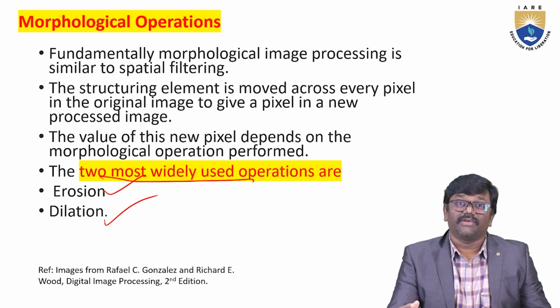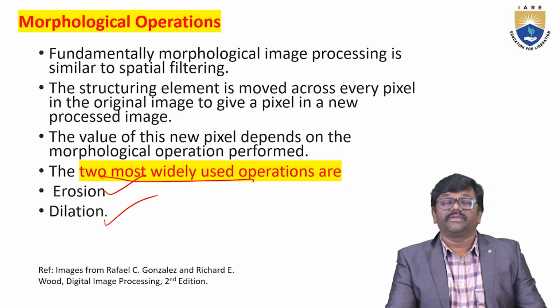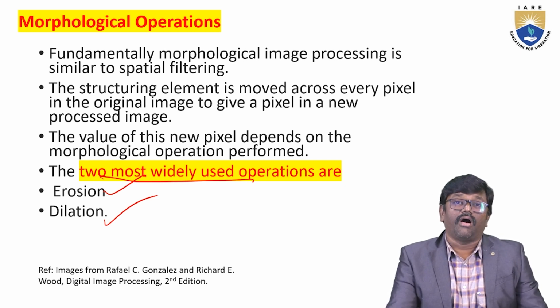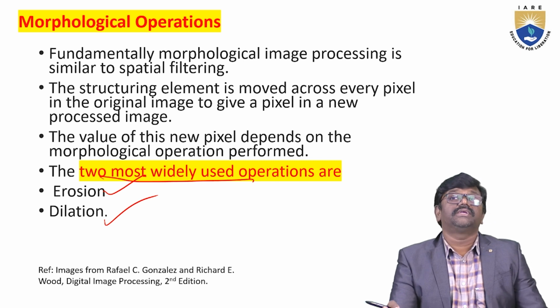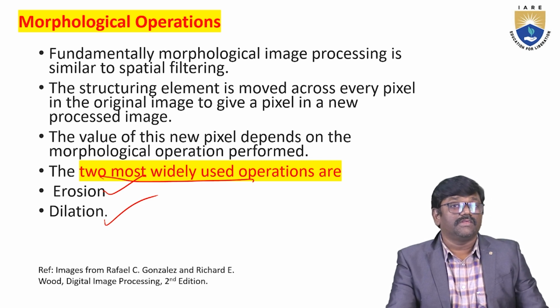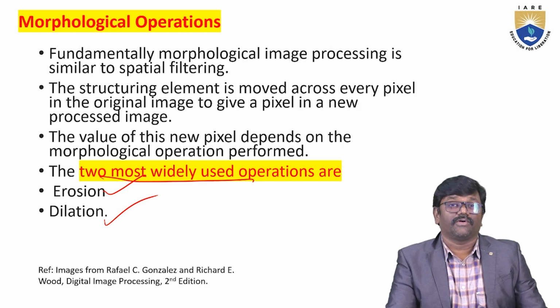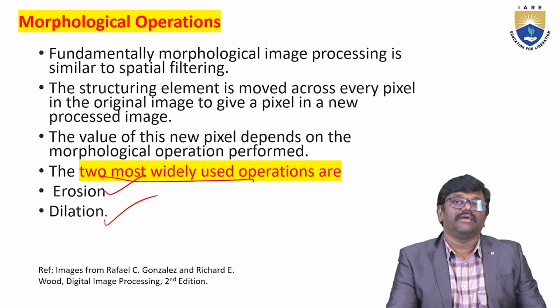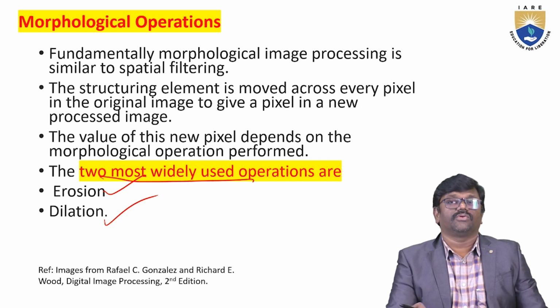How may we define them? Let us see. The two morphological operations which we want to define right now are fundamentally similar to spatial filtering, as we discussed in an earlier class. Similarly, we can understand morphological operations in this way.